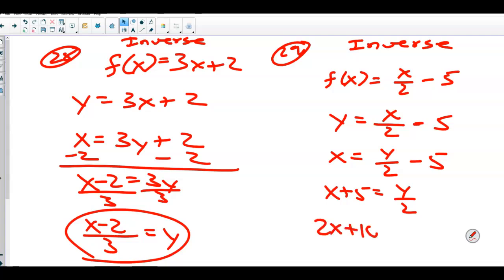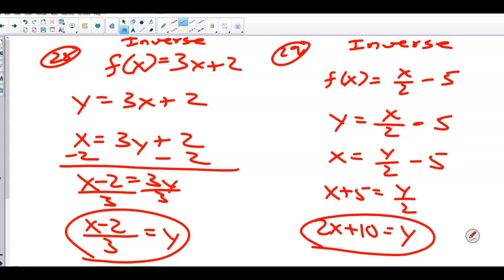So 2x plus 10 equals y. And if we want to verify that, pick a number. 4. 4 divided by 2 is 2. 2 minus 5 is negative 3, so 4, negative 3. If I put negative 3 in for x here, 2 times negative 3 is negative 6, plus 10 is 4. It works out both ways.